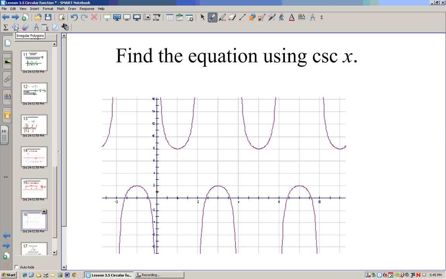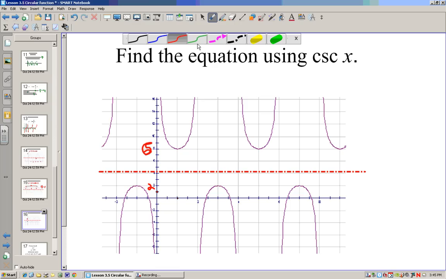All right, now try to do this one using cosecant. All right, first thing we do is we draw a center of our function. We can draw this as if it's the sine.